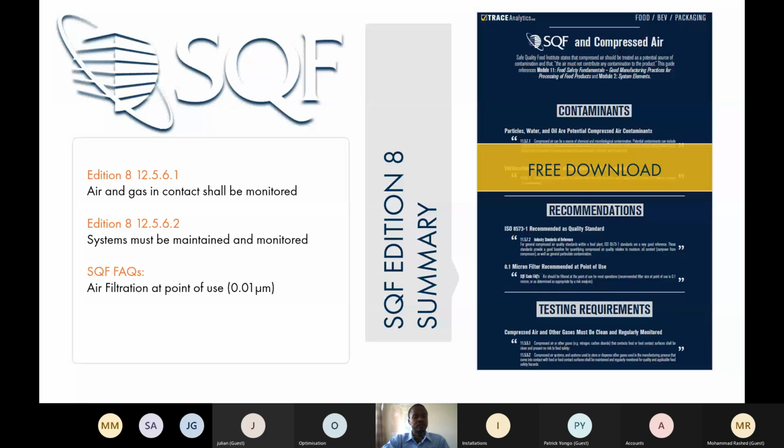In addition, air filtration at the point of use should be at least 0.01 micron. The common thread in all these food safety schemes that all fall under GFSI is that you need to pay attention to the quality of the compressed air you use in manufacturing your products.